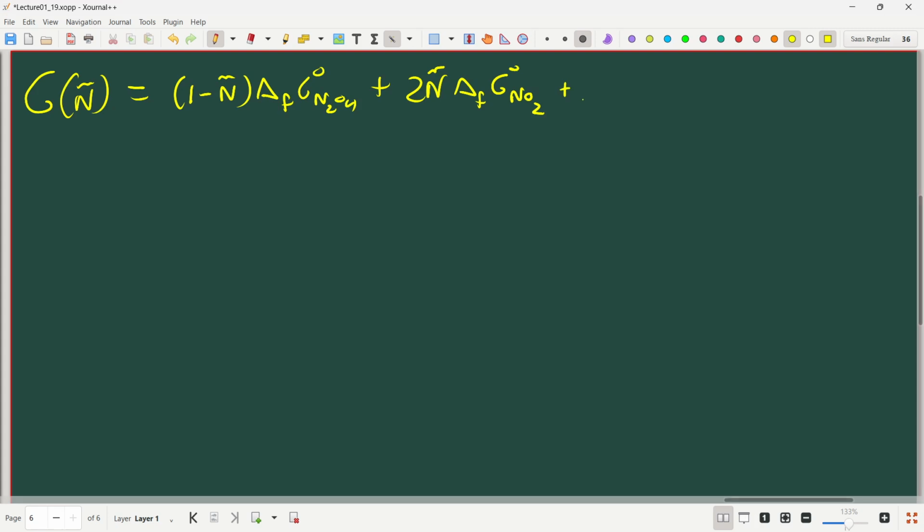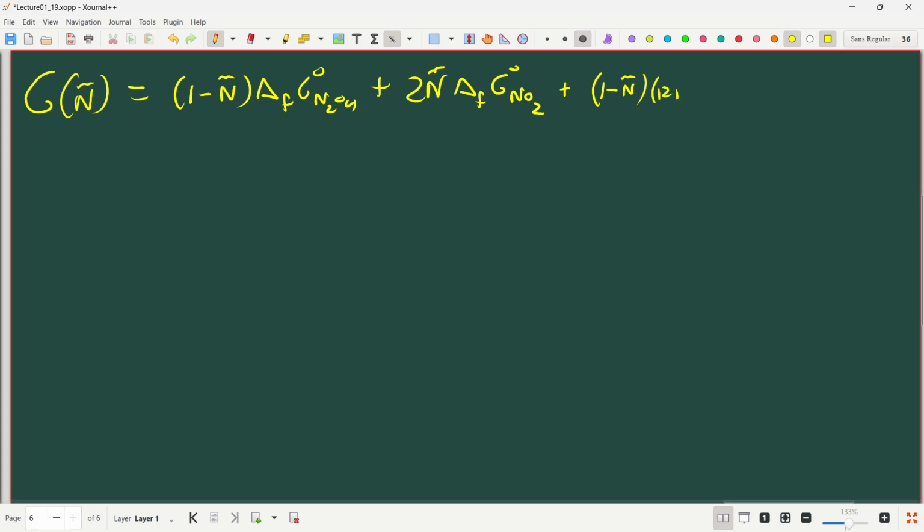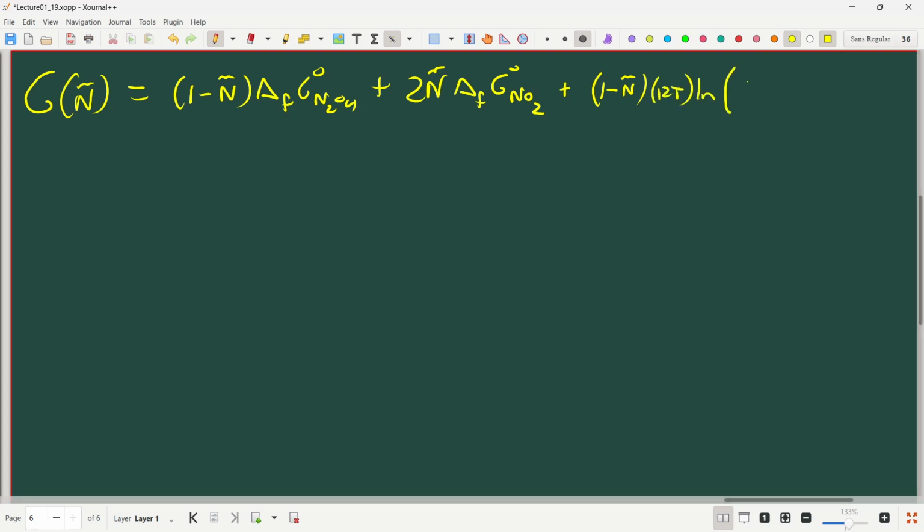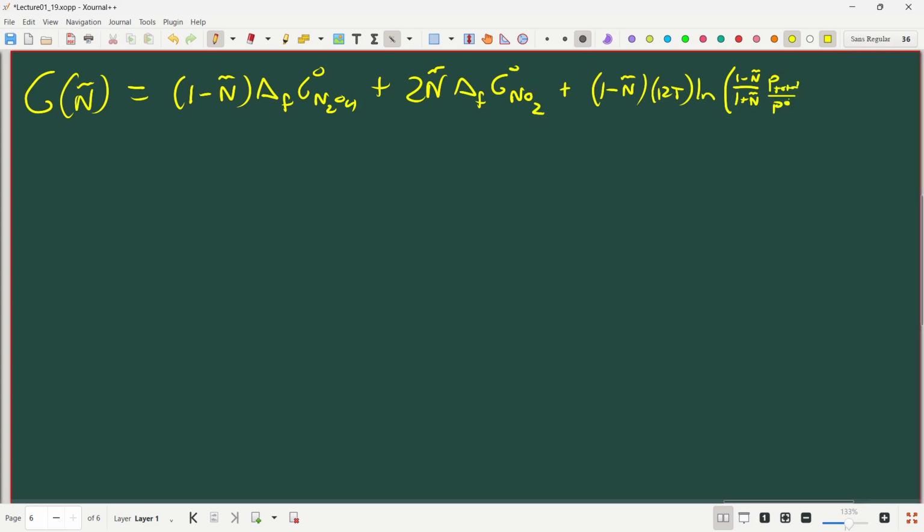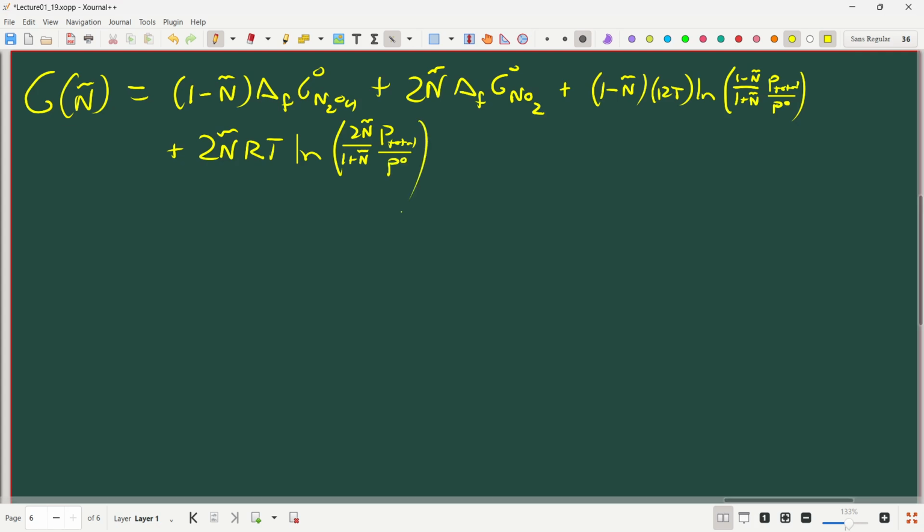And then we have these logarithms: plus (1 minus ñ) times RT times the log of (1 minus ñ) over (1 plus ñ) times P total over P naught, and then we have 2ñ times RT ln of 2ñ over (1 plus ñ) times P total over P naught, standard.